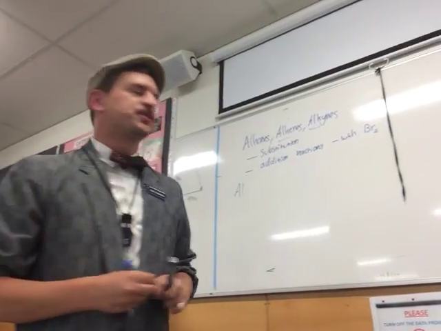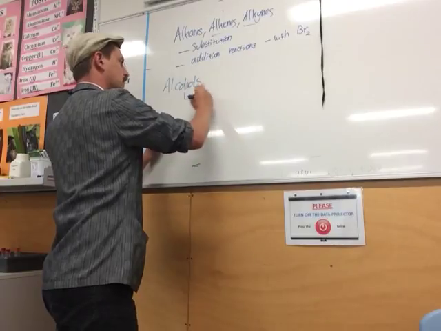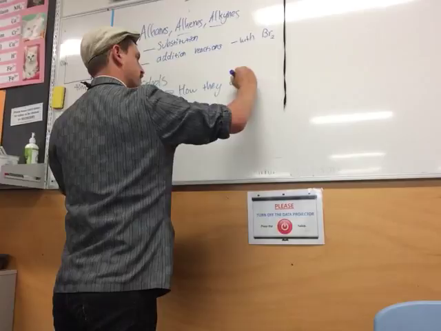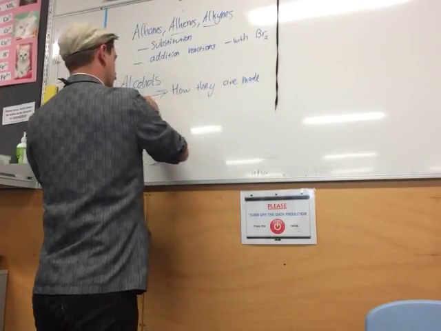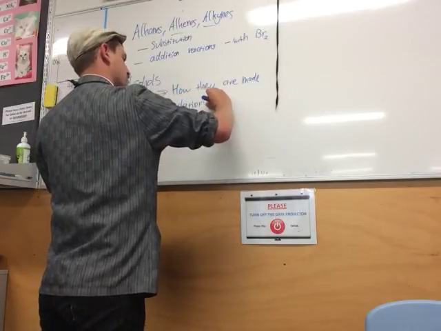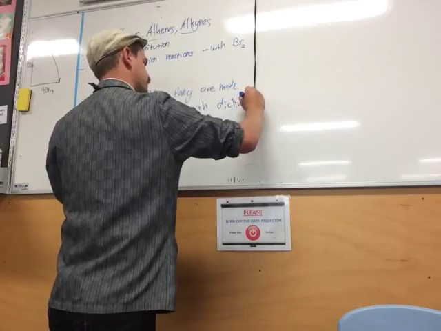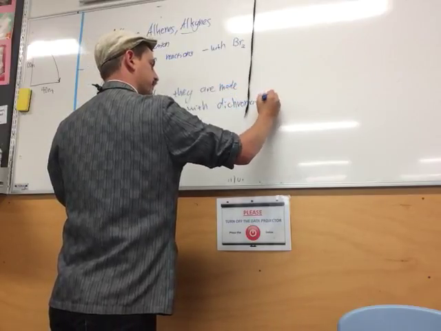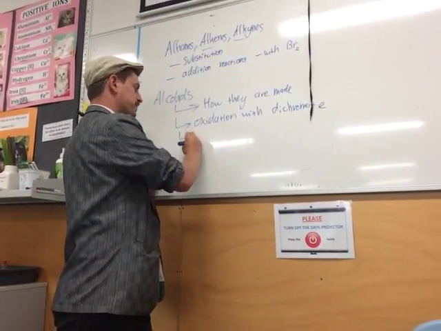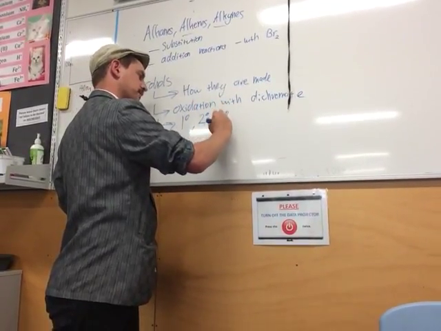In terms of alcohols, how they are made, oxidation with dichromate, and you know, the difference between primary, secondary, and tertiary.